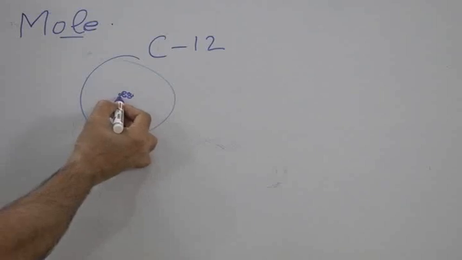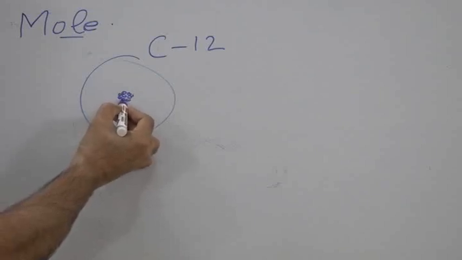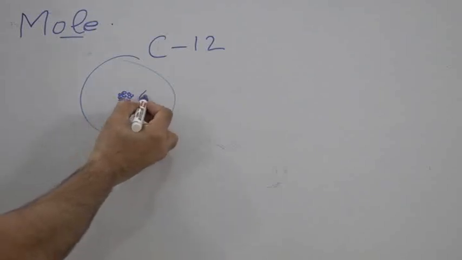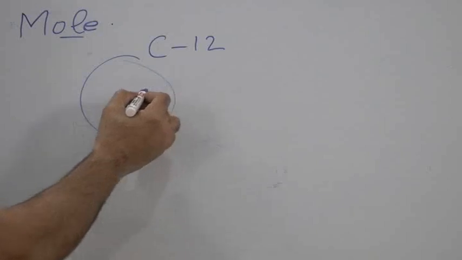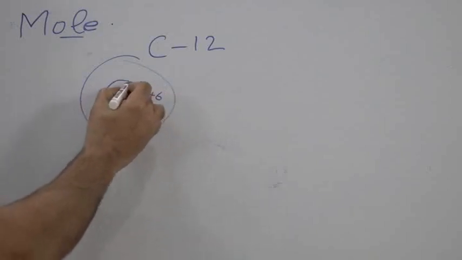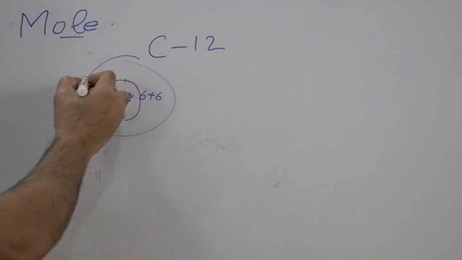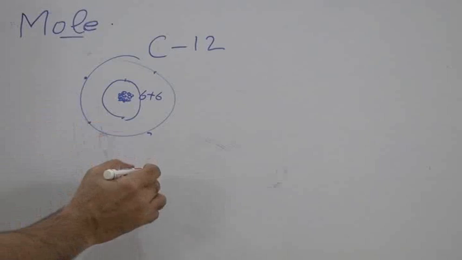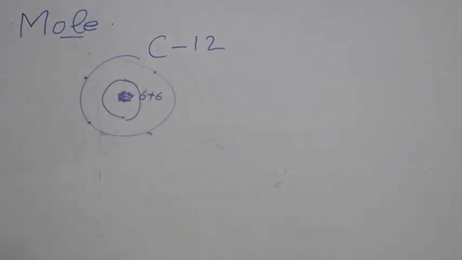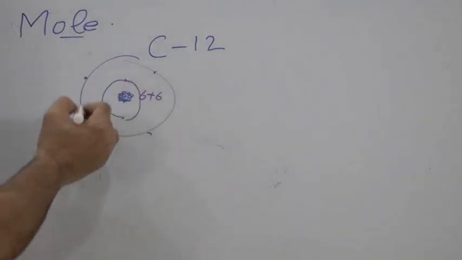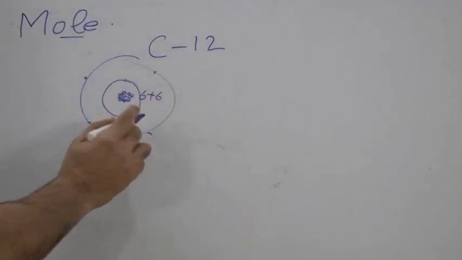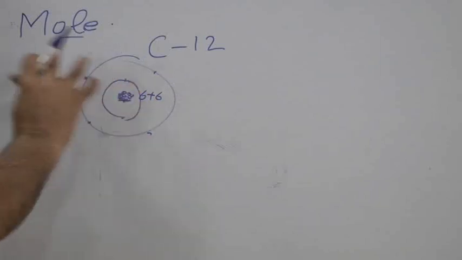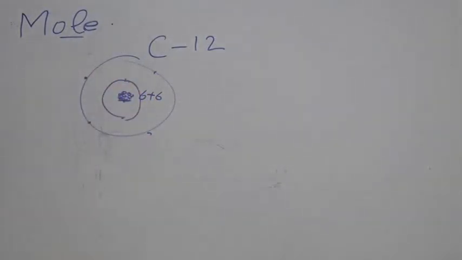These are say neutrons and these are protons. 6 protons and 6 neutrons, and also 6 electrons. Here we are counting the mass of the electrons also. Remember that we would count mass of every elementary particle, means exact mass of this we would consider.